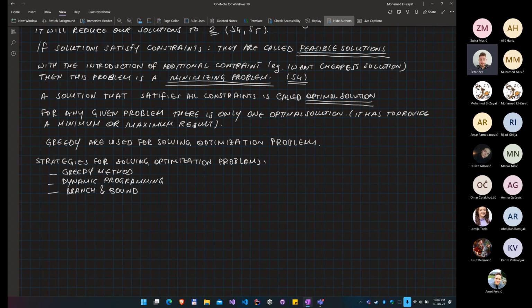So you have these three different strategies for solving optimization problems. We are discussing greedy method algorithms this class. I implore you to read more about dynamic programming and branch and bound ways of solving problems. I think this is good for you to know about.